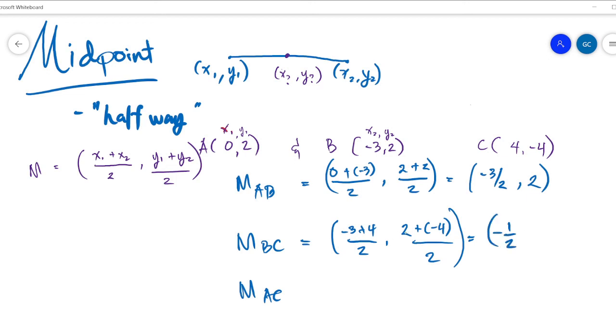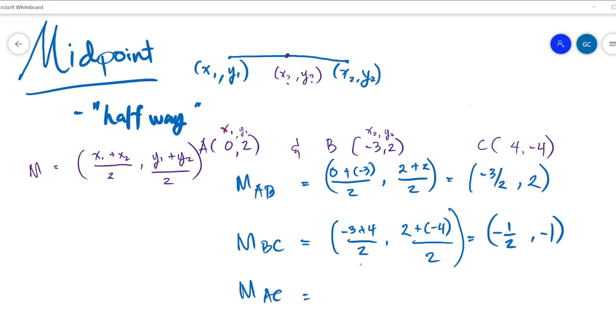Then 2 plus -4 will be -2, and -2 divided by 2 will be -1. So 1 half, -1 is the midpoint between -3, 2 and 4, -4.